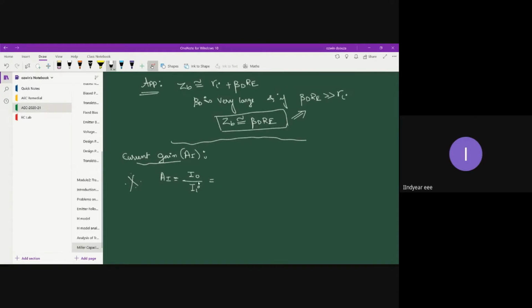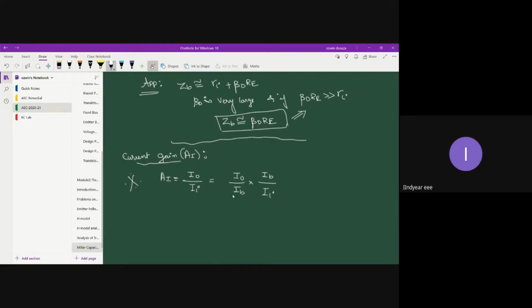So what I will do, I naught by II, let me write it in this manner. I naught divided by, don't worry, what is the numerator, write down II. And then what you do is multiply and divide by IB. Mathematically, no harm done, right?